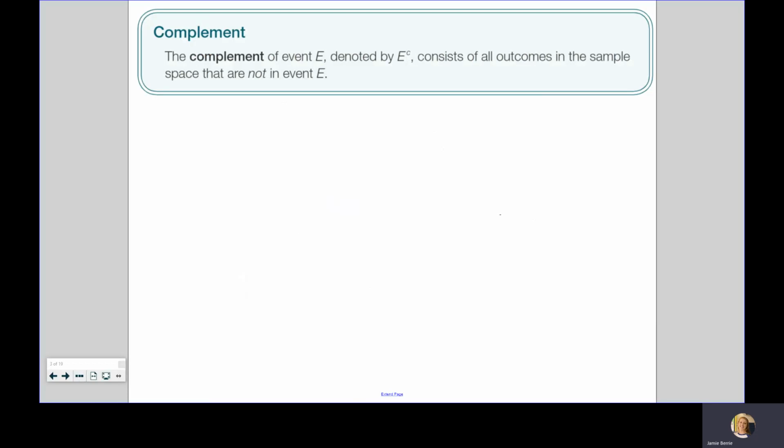The complement of an event E, denoted by E with a little c in the exponent, consists of all outcomes in the sample space that are not in event E. And this is read as E complement.